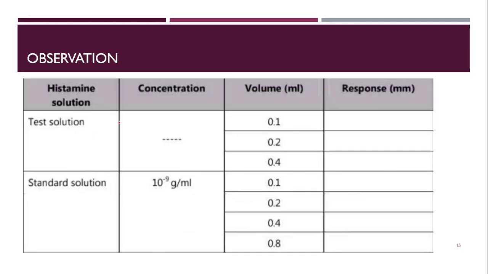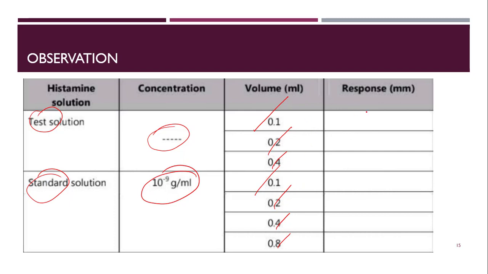Okay, so the observation table will look something like this. Histamine solution, we have test solution and the standard solution. We have the concentration of standard and we are supposed to find out the concentration of test. And the volumes are mentioned like this: 0.1, 0.2, 0.4, and of the standard, whatever volumes we have taken, we have to mention over here.